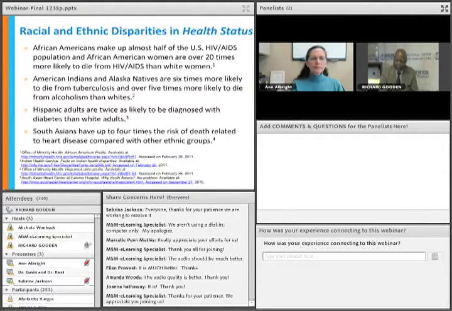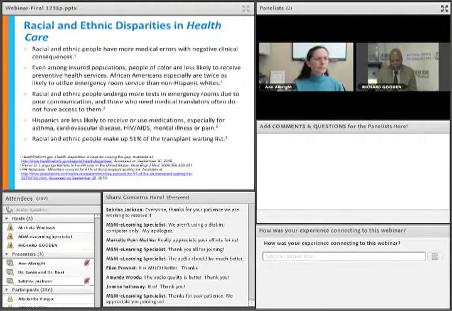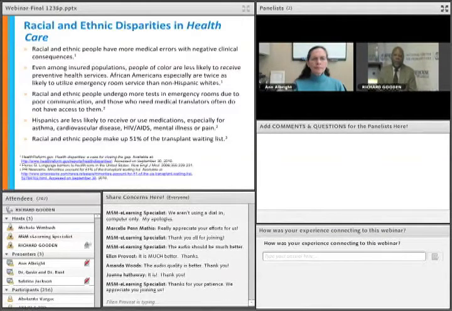When we talk about ethnic disparities related to health care, we're talking about the impact of the system that is responsible for delivery of services that help with prevention and improvement of outcomes. So we're talking about the fact that there are more medical errors with negative clinical outcomes, that even among insured communities of color, people are less likely to receive preventive health services.